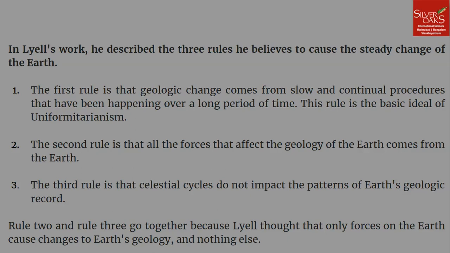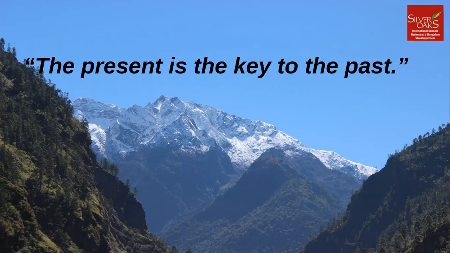The second rule is that all the forces that affect the geology of the earth come from the earth. The third rule is that celestial cycles do not impact the patterns of the earth's geologic record. Rule 2 and Rule 3 go together because Lyell thought that only forces on the earth cause changes to earth's geology. The present is the key to the past.